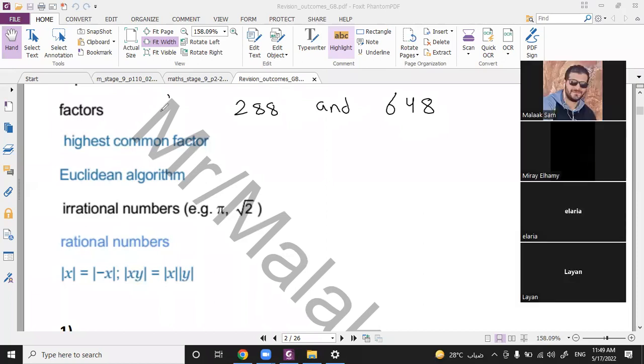Do it now in your copybook and tell me when you know. Raise your hand. Let me ask Mray, how can we find the GCD of 288 and 648?